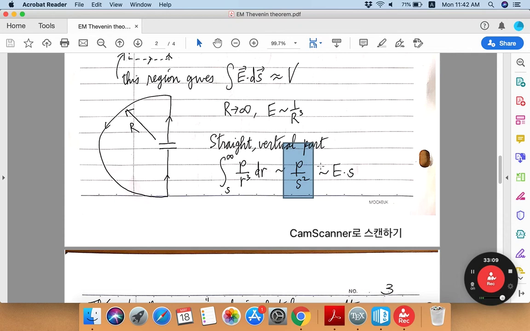And then according to an independent estimate, you can probably prove that this dipole moment scales as s to the third power multiplied by the electric field. And therefore, the overall result is the electric field multiplied by this separation between the plates.